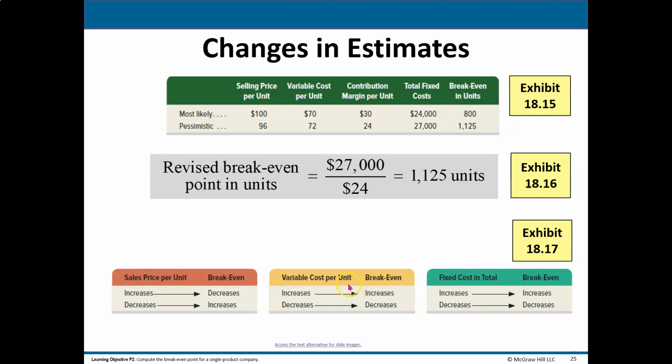But the flip of that is, what if my football continues to sell for $100, but my variable cost per unit decreases? What would happen? My contribution margin per football would increase, and that would lead to a decrease in the number of footballs I need to sell in order to break even.